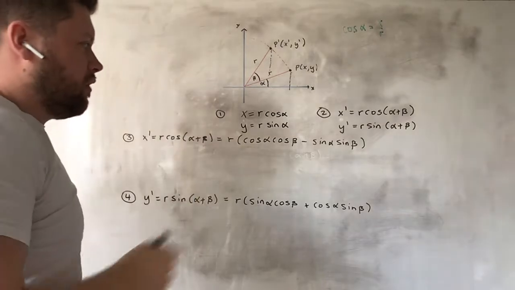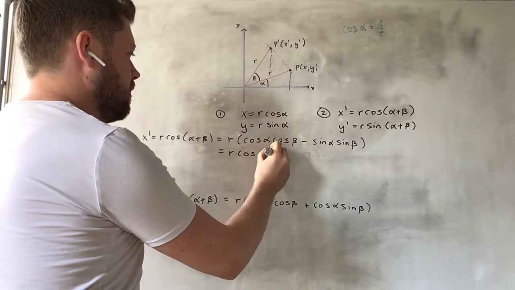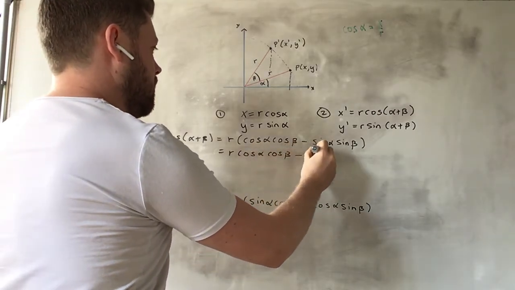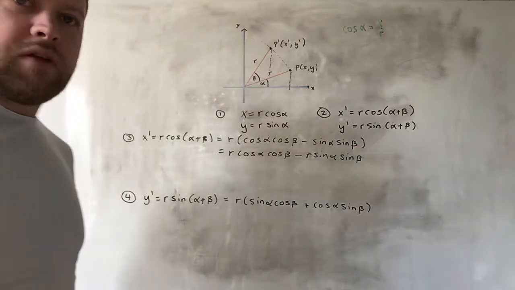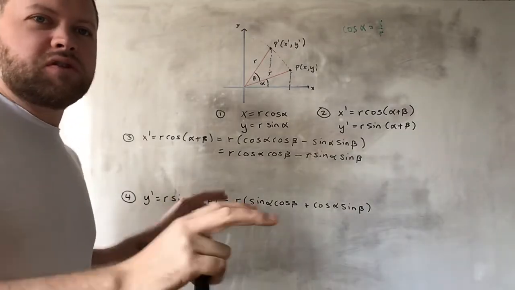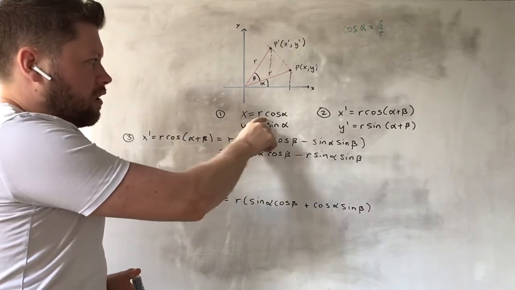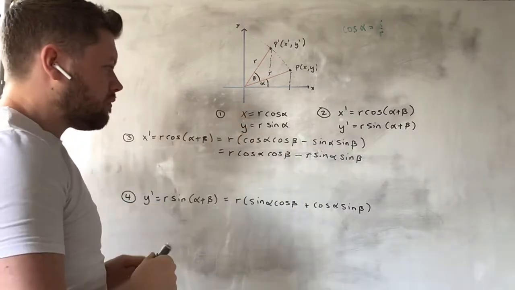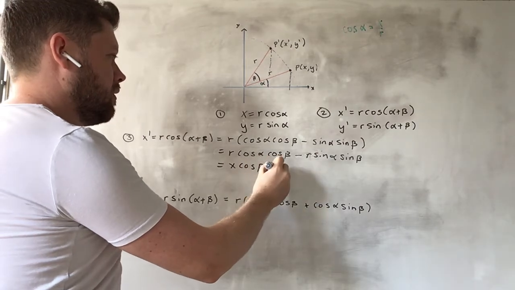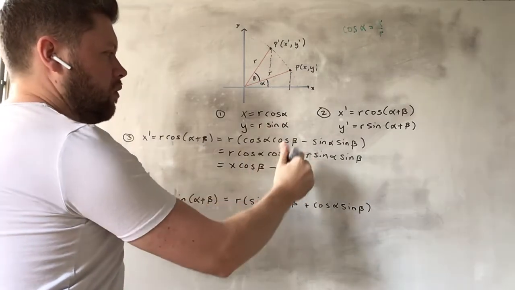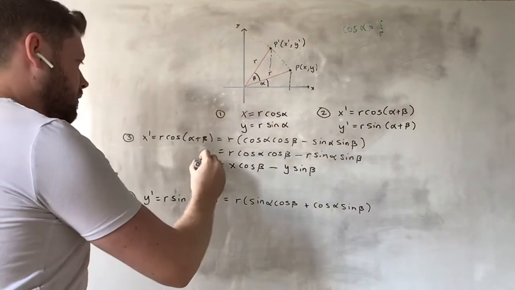Okay, so if we just multiply that out, we get r cosine alpha cosine beta minus r sine alpha sine beta. Okay, that's just from a trigonometric identity and then multiplying out the brackets. Okay, but you'll remember that r cosine alpha is the same as x. So we can replace r cosine alpha with x cosine beta. And r sine alpha is y, so minus y sine beta. Okay, so this is x dash.